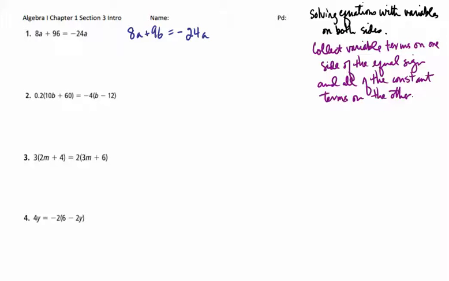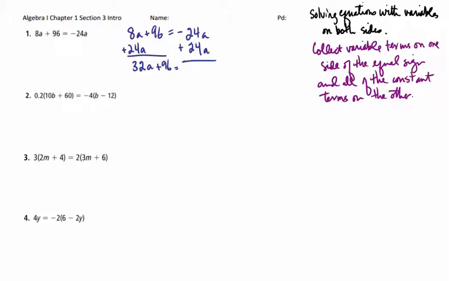So if I want to get rid of the negative 24a on the right side, I can simply use the inverse operation to add 24a on both sides. That gives me 32a plus 96, and then what some students have difficulty with is understanding what's on the other side.